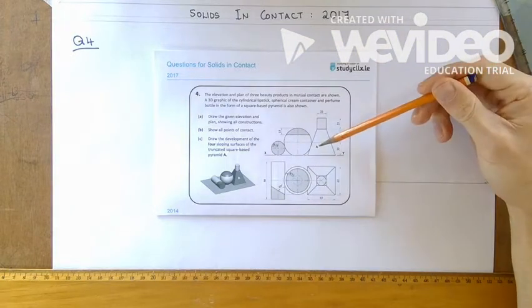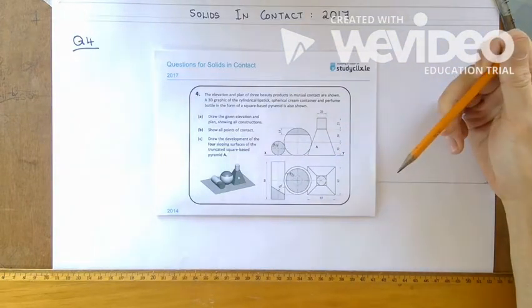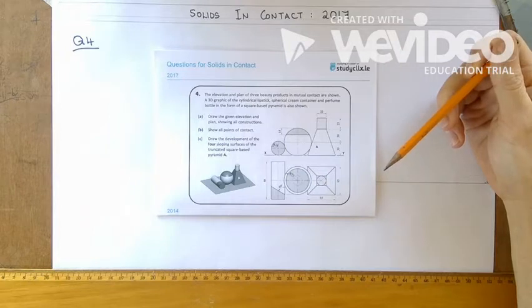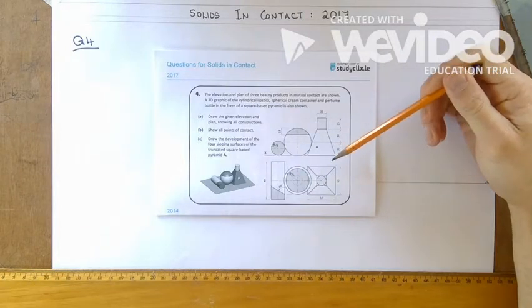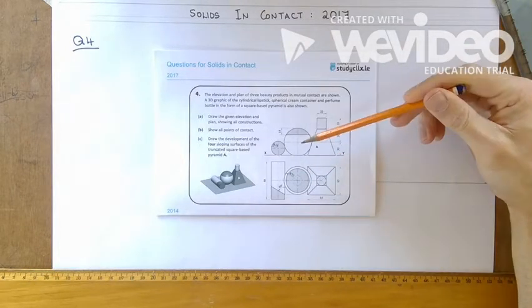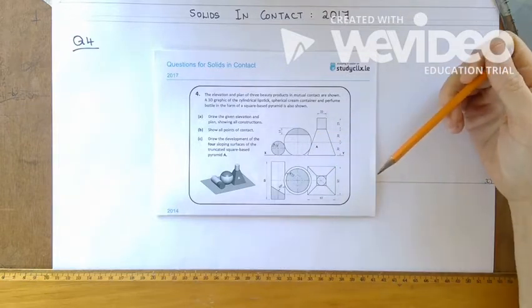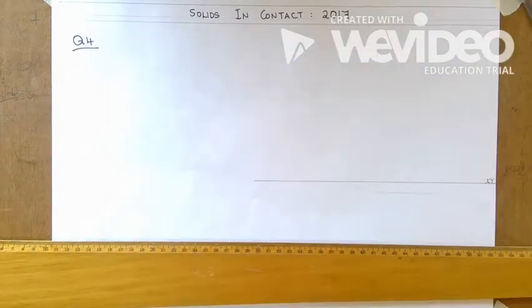So I'm going to work from right to left when I'm getting the solids in contact with each other. I'm going to show all points of contact, draw the plan and elevation, and then afterwards I'm going to do the development of the four sloping surfaces.